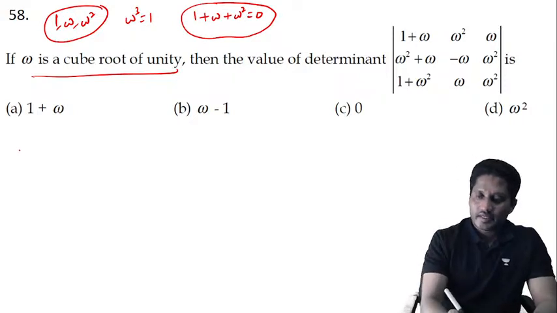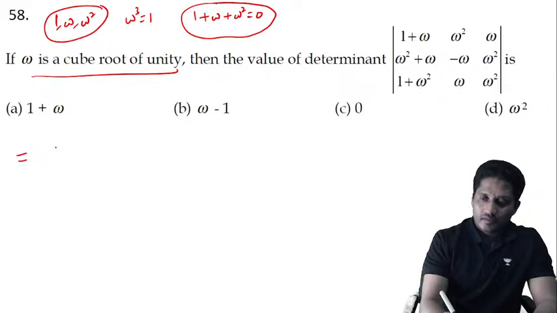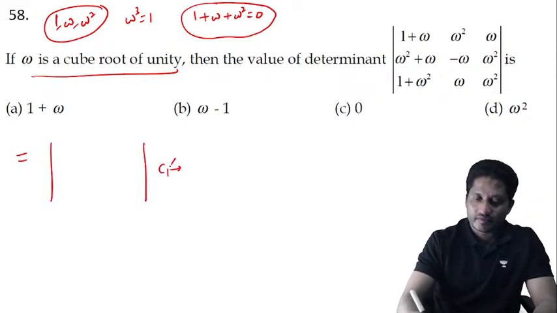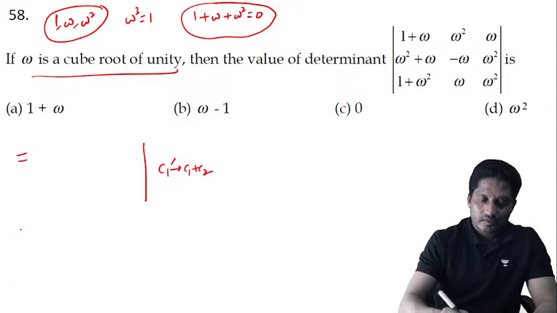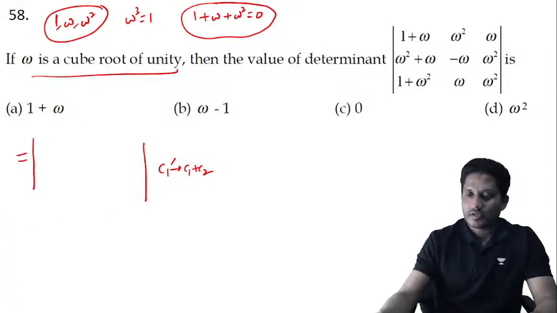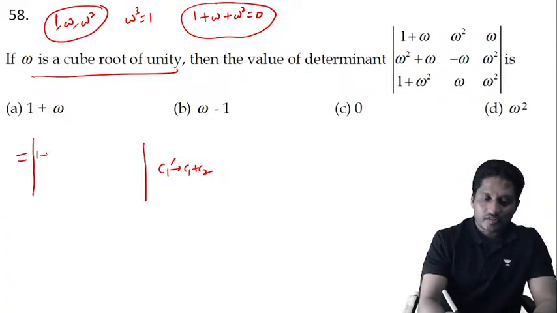Okay, now I'll take this determinant. I change C1 to C1 plus C2. Add the first column and the second column. If I add the first column and the second column, this is 1 plus omega, this is omega square, and then again this is 1 plus omega.